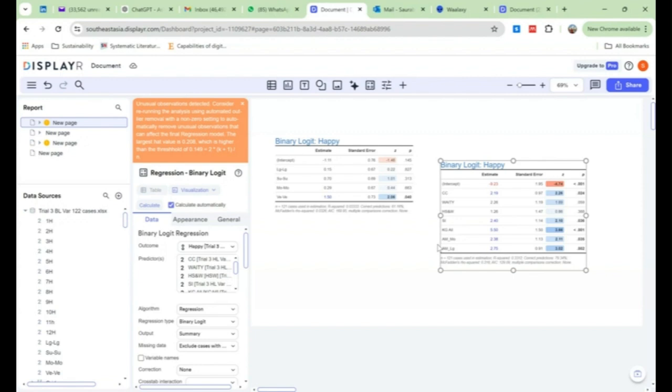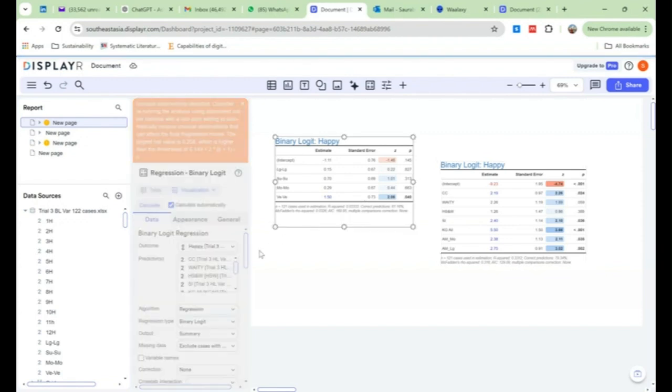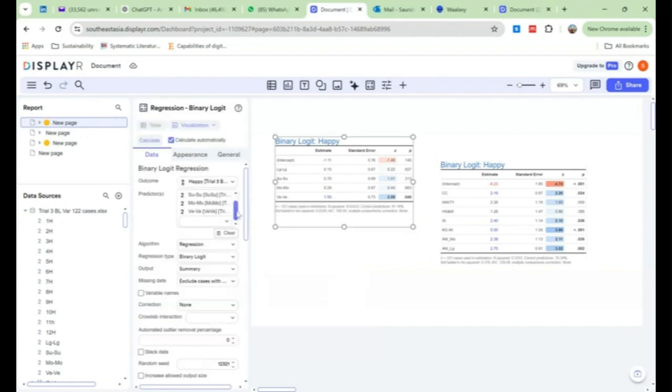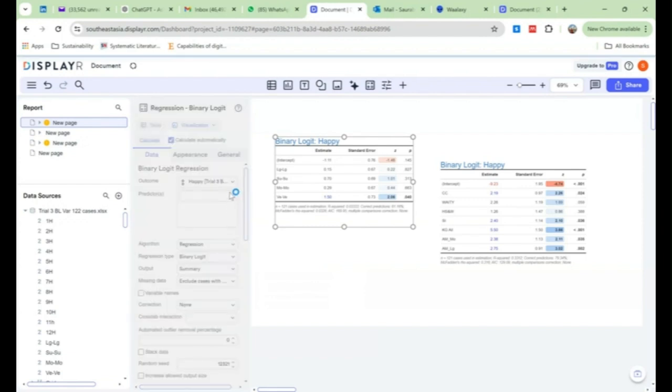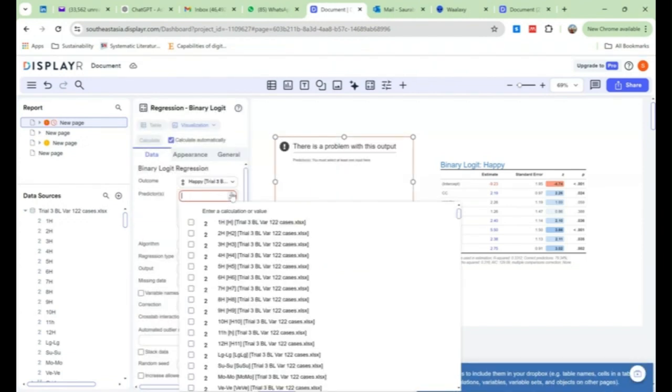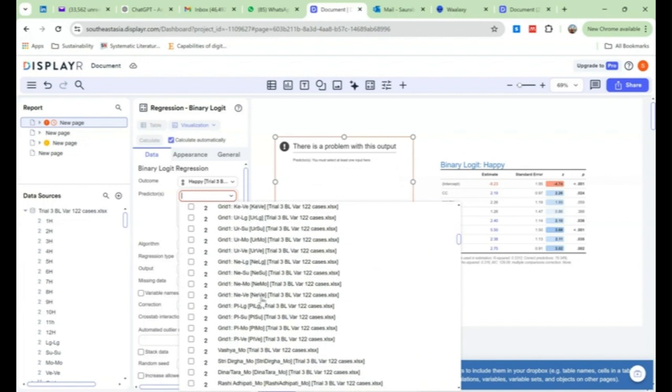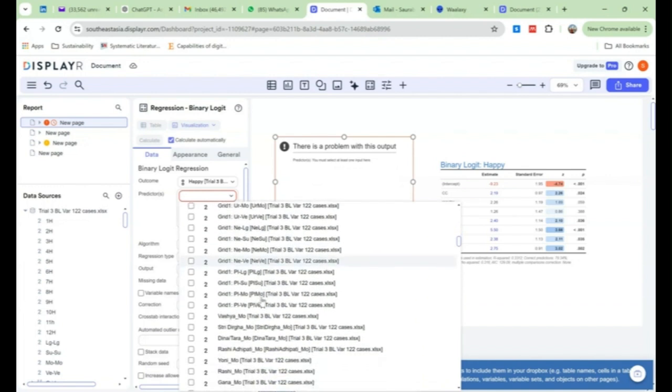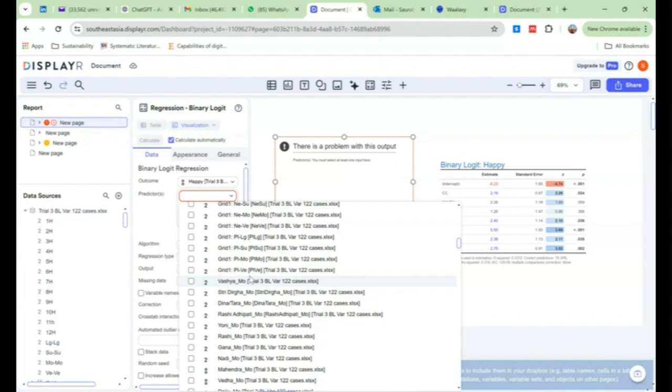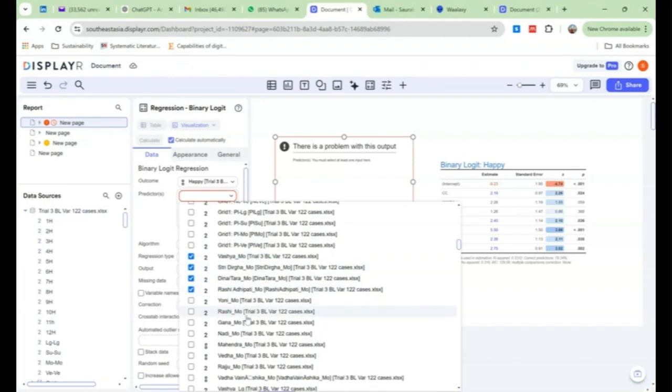Now, what we know as per theory is that this is not true. If the koota score increases, maybe I'll just show it here, what I'm trying to explain. We'll take the kootas: Vaishya, Stri Dirgha, Dinatara, Rashi, Yoni, Rashi, Gana, Nadi.